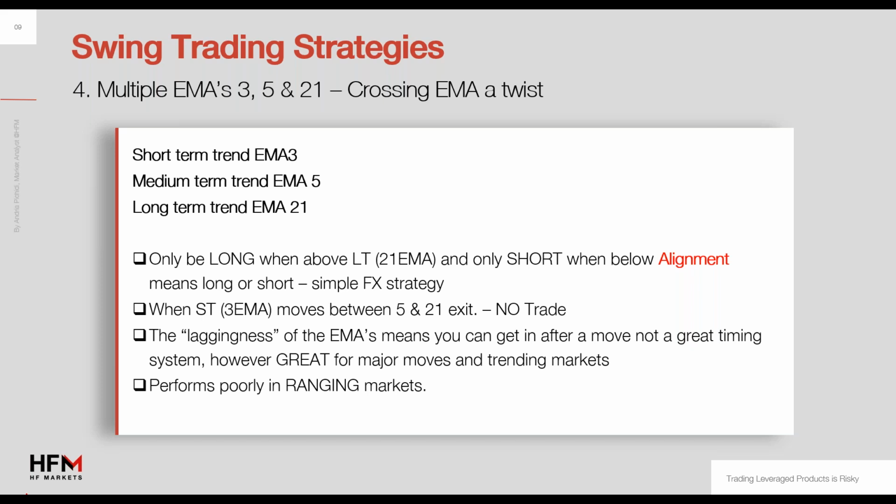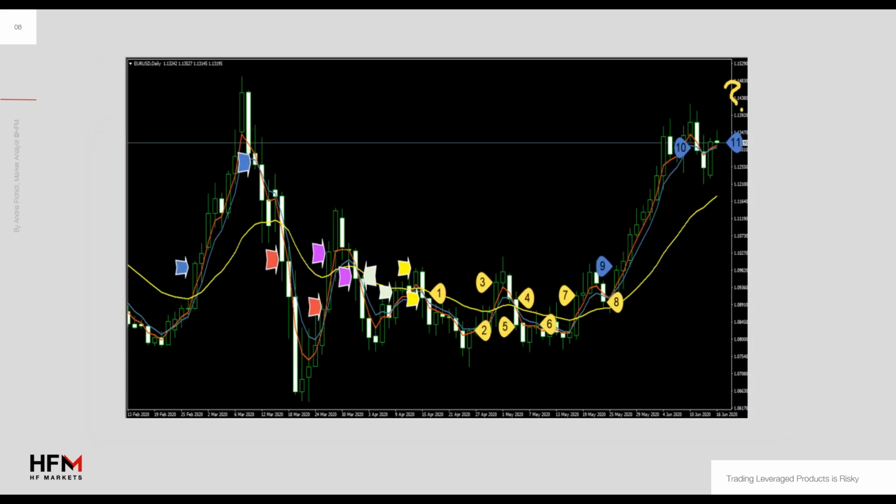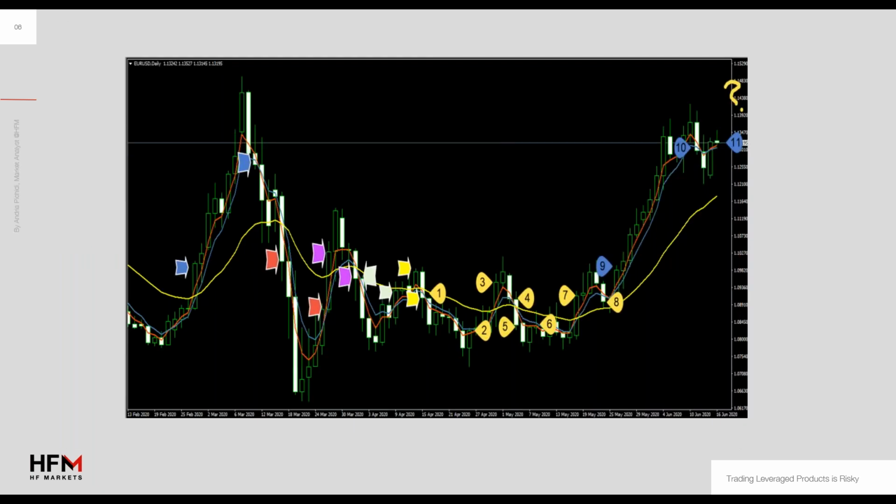Okay, let's go directly to the chart. So here's the chart. We have 3 exponential moving averages on: 3, 5, and 21. This is a strategy that you can use in the 1 hour and 4 hour charts as well. But again, test it.